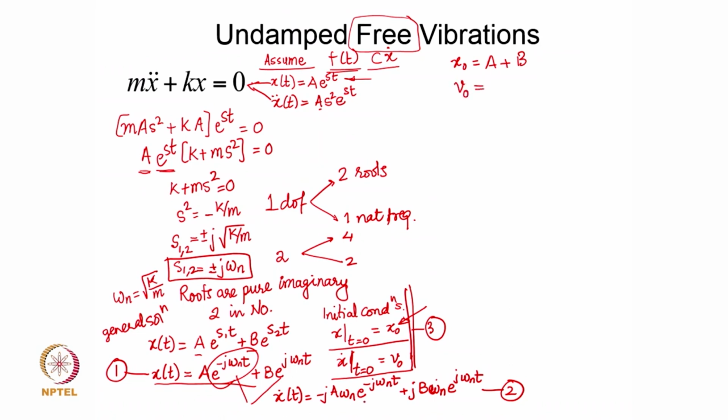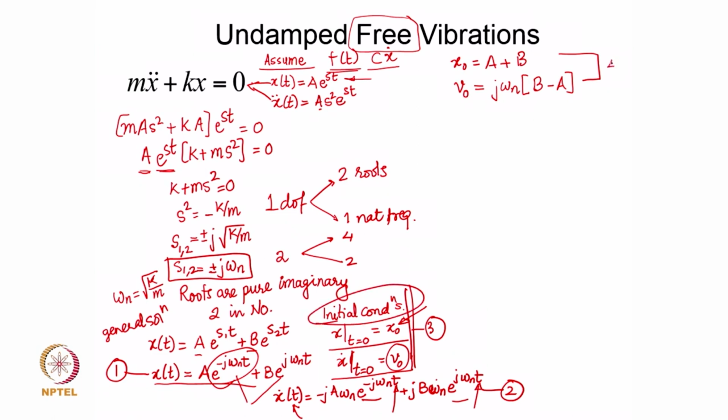So, you can substitute t equal to 0 in this equation, and x dot at t equal to 0 will be v naught, and therefore I write this as v naught, and then what do you get here? j omega n into bracket b minus a, isn't it? This term goes to 1, this term goes to 1, and this is what we are left with. So, then these are the two equations that we have after substituting initial conditions.